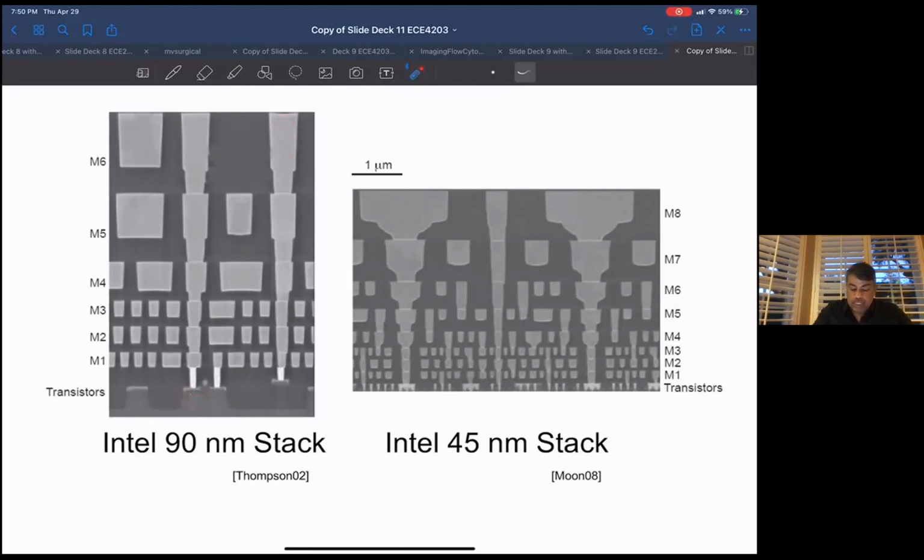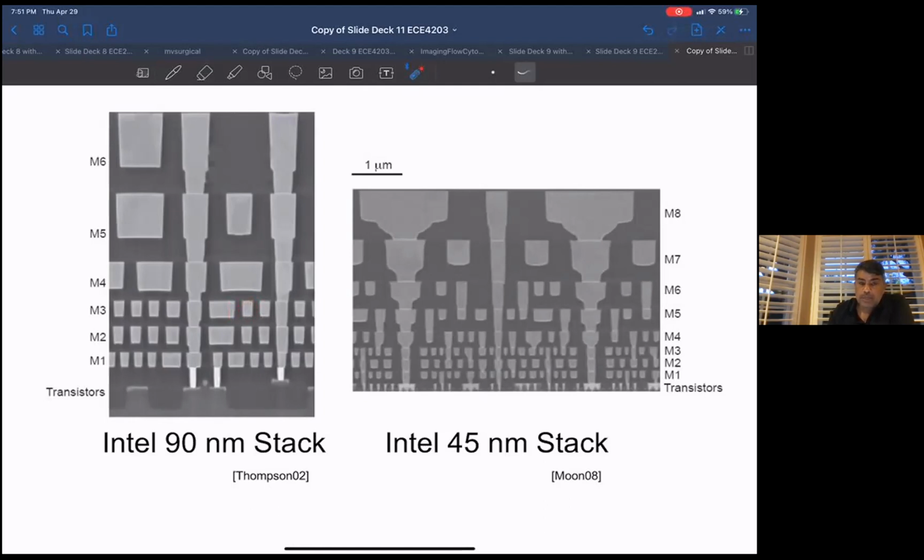What's happening over time is that as the feature sizes shrink, they're allowing you to make the width of these lines narrower and narrower. It was getting to a point where the resistances were getting out of control high. So they started allowing these devices to be thicker than their width. The so-called aspect ratio is how tall a metal line or a feature is compared to its width.